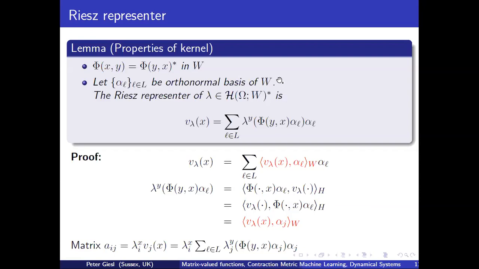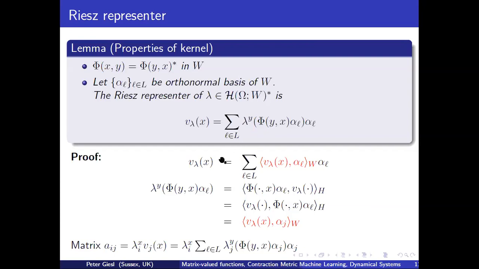If we have an orthonormal basis of W, we can write the Riesz representative of lambda in this way. We have to expand along this basis here. And then it's basically, again, the lambda applied to one element of the kernel.